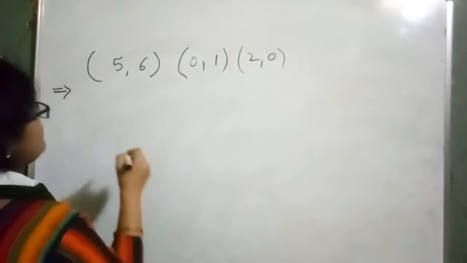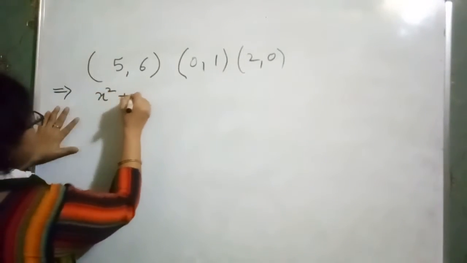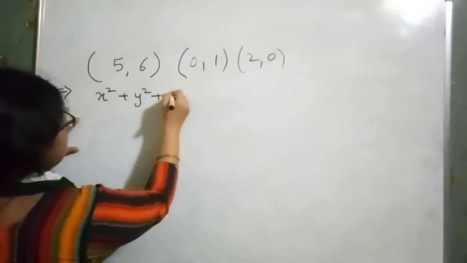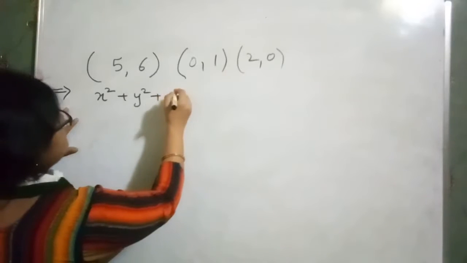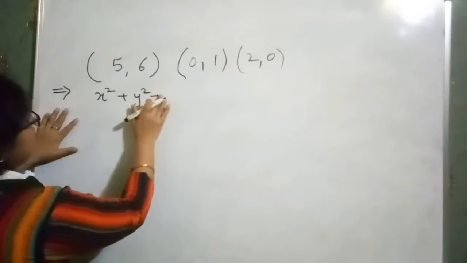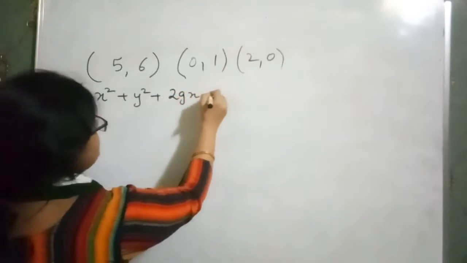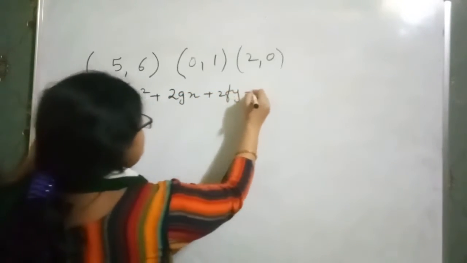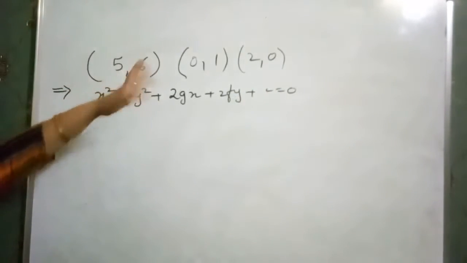Just write the equation of circle, that is x square plus y square plus 2gx plus 2fy plus c is equal to 0. In this we put the 3 values.